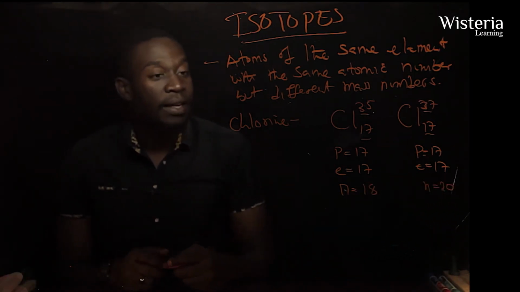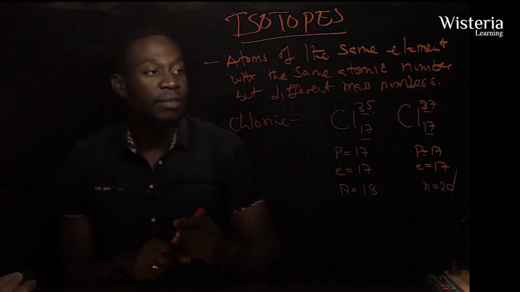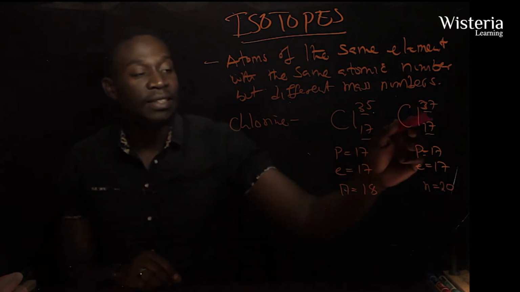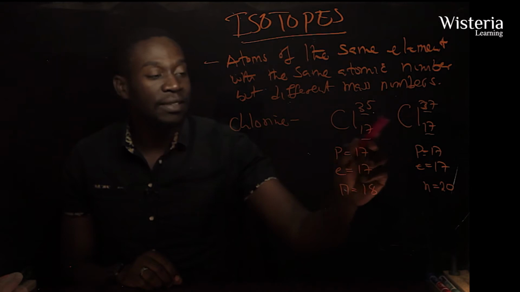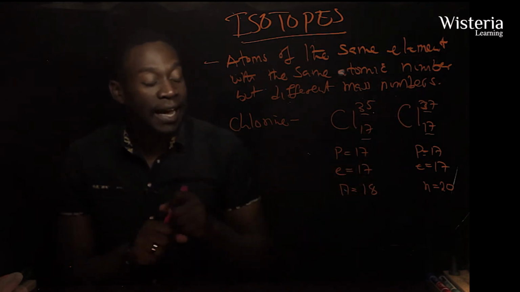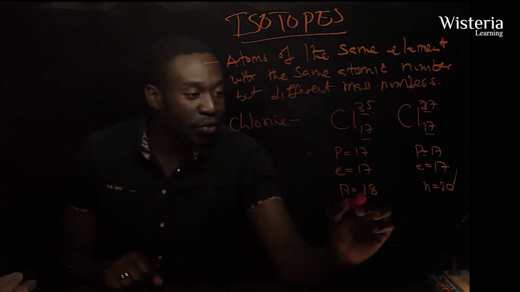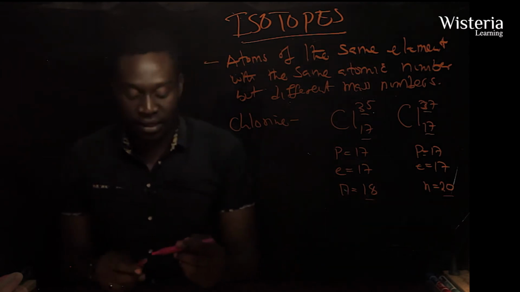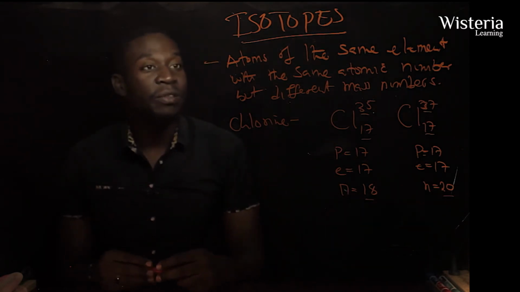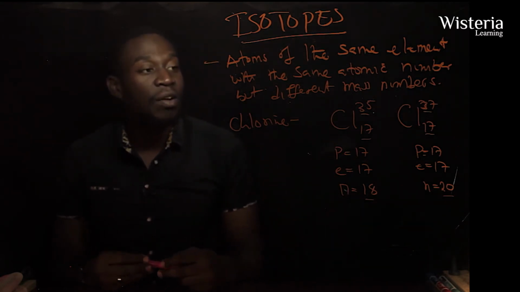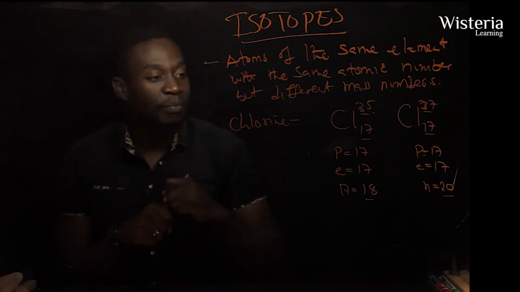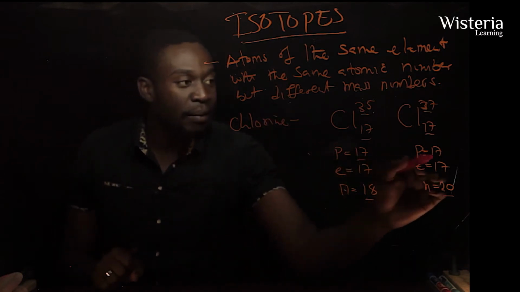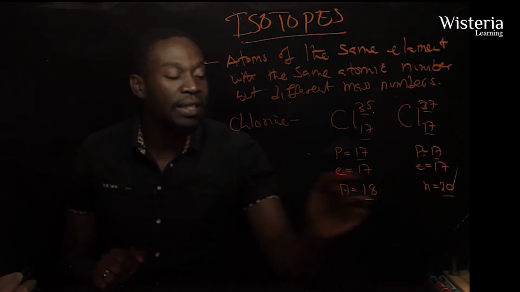So for isotopes of chlorine, I've got chlorine 35 and chlorine 37. The atomic numbers are the same, the mass numbers are different, and the number of neutrons are also different. So isotopes can also be defined as atoms of the same element with the same proton numbers but different neutron numbers.